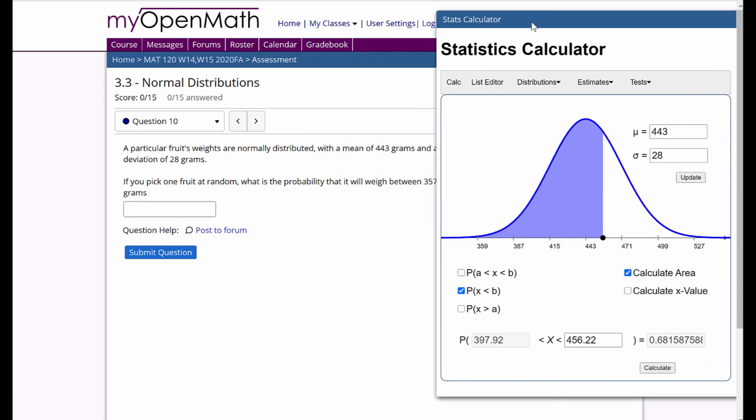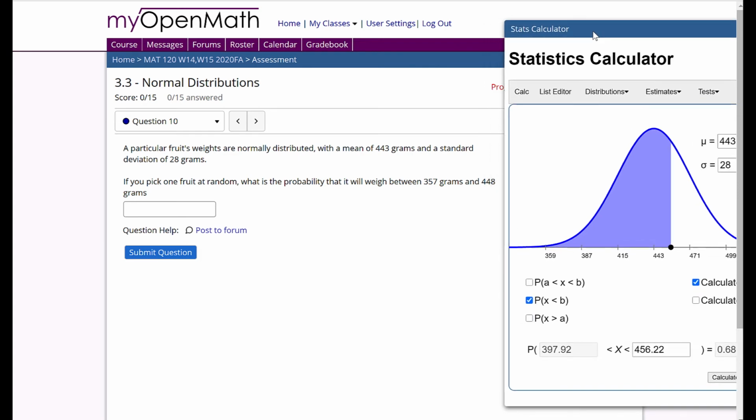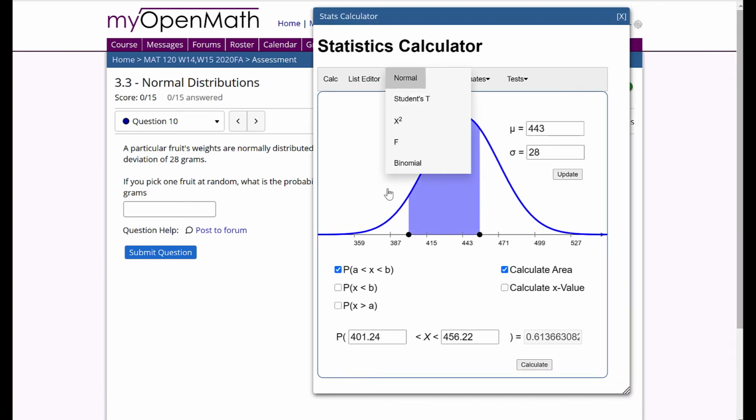Now, if we want the probability of a fruit weighing between 357 and 448 grams, then check the box for a between probability, so you have two inputs. The lower bound is 357, so you can slide to 357, but that's sometimes difficult to get exactly to 357, which is why this is an input box, so you can just come down and type that in.